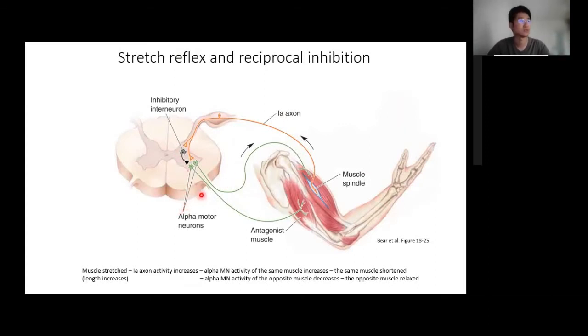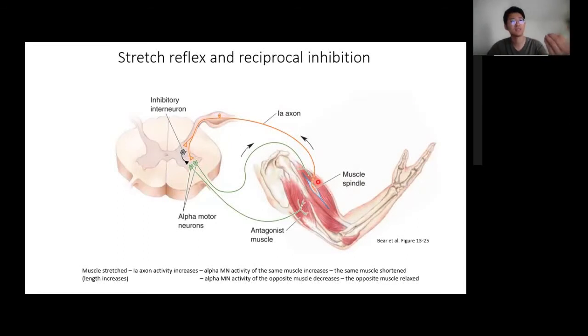Here we know that there's a muscle spindle connected with one axon sensing the muscle length signals, and there is an alpha motor neuron innervating the muscle fibers. Assuming that your muscle is passively stretched, the muscle becomes longer, and then the axon is active and sends excitatory input to the alpha motor neuron to activate this muscle. So the muscle contracts and becomes shorter.